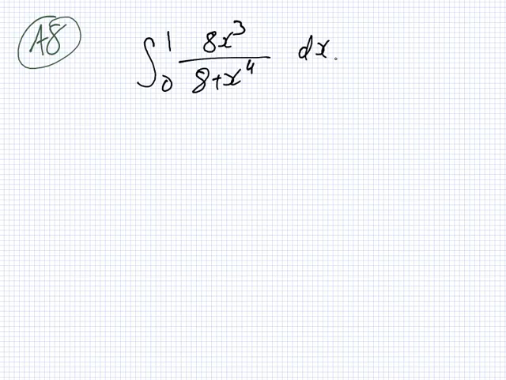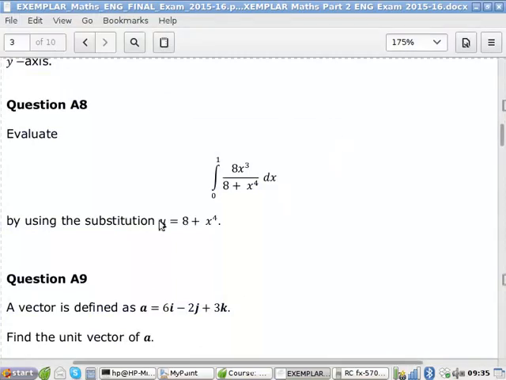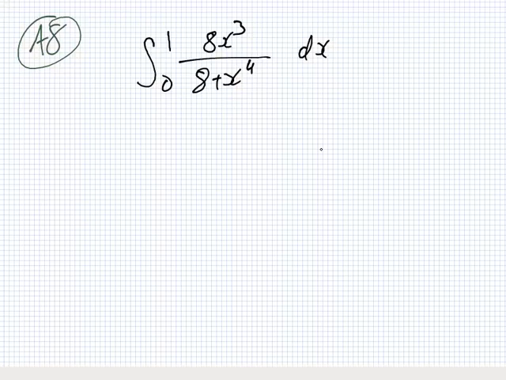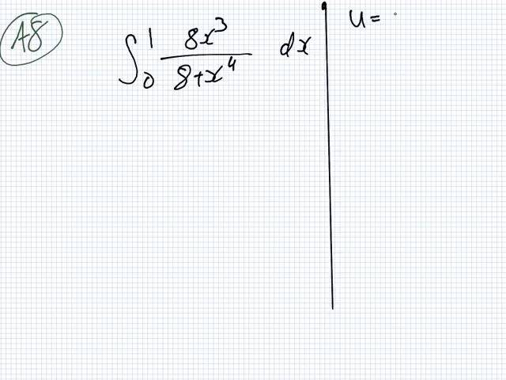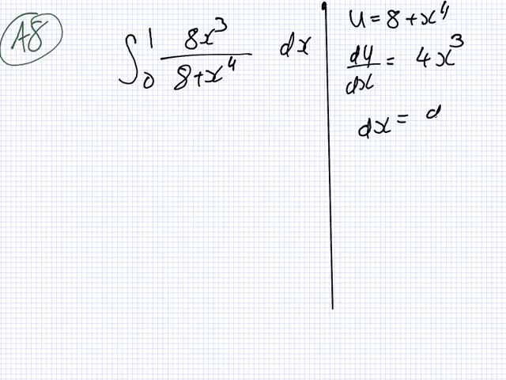And what's nice is that they tell you u is 8 plus x to the 4. So u equals 8 plus x to the 4. That means du dx equals 4x cubed, which means dx equals du over 4x cubed.